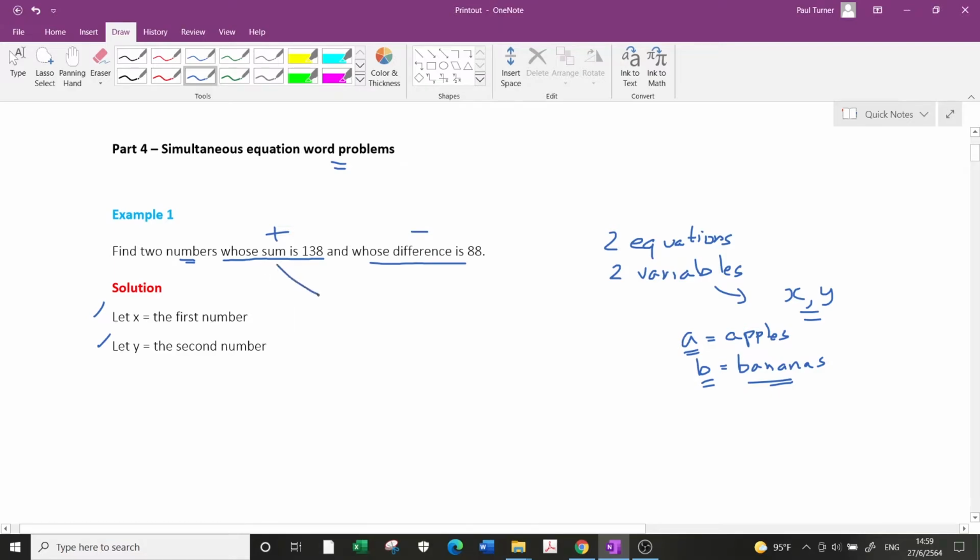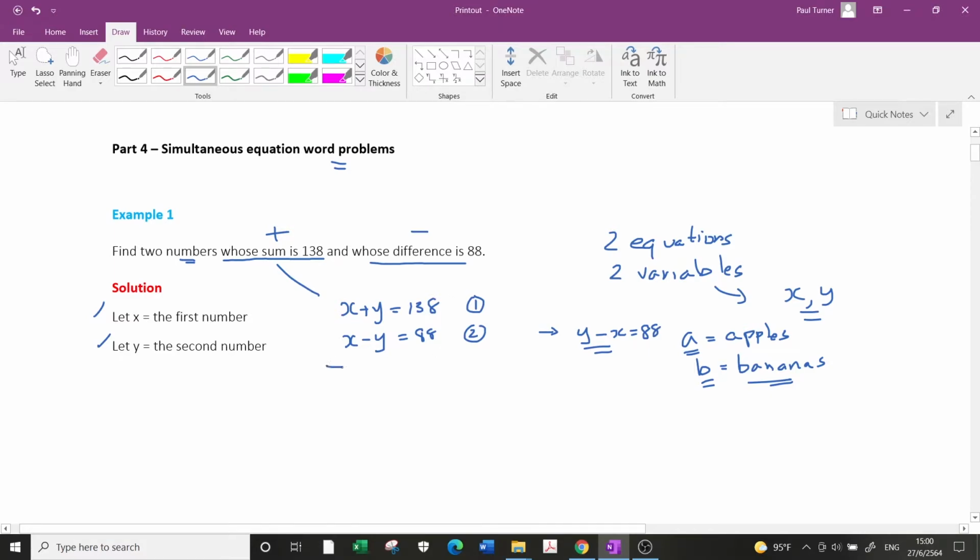So for the first part, we'll have x plus y is 138, equation 1. And then the second equation is x minus y is 88. This could also be written as y minus x because we don't specify which number is bigger. But I'll use x minus y in this question.